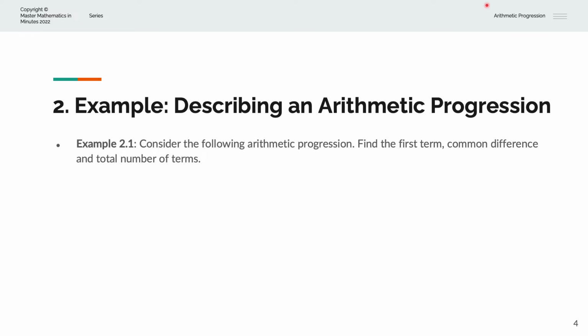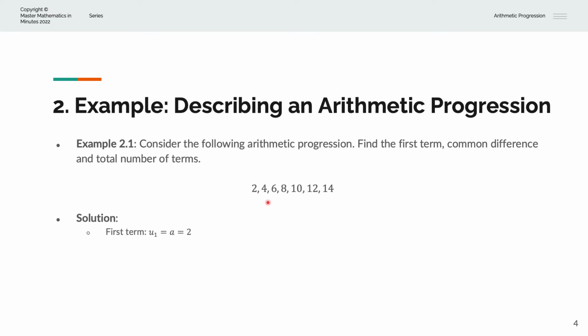So in the first example, we're asked to consider the following arithmetic progression: 2, 4, 6, 8, 10, and so on. And we're asked to find the first term, the common difference, as well as the total number of terms. The first term in this case is 2, and so we have u1 equals a equals 2.